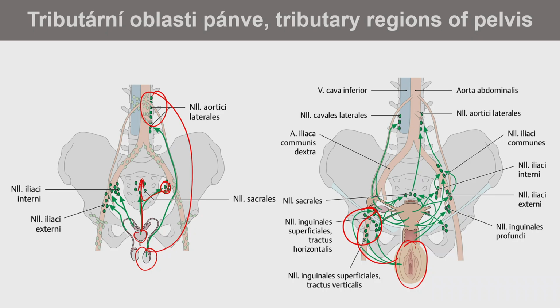But in the vagina and uterus, only when we have a tumor in the region of a uterine horn can we see metastasis in the inguinal region.